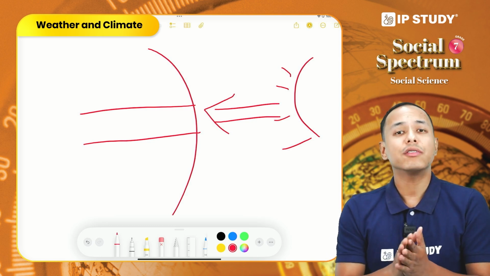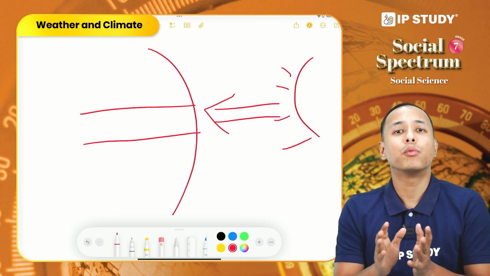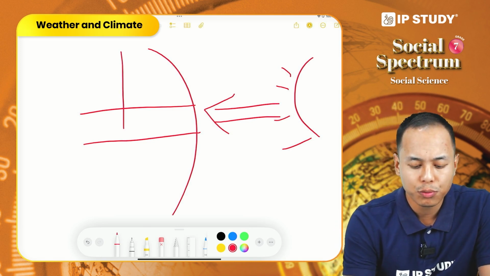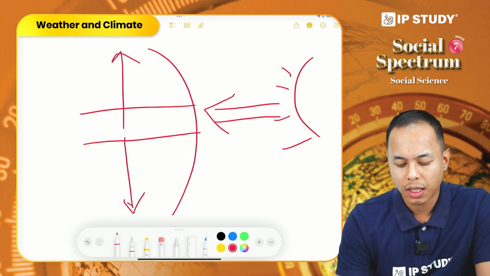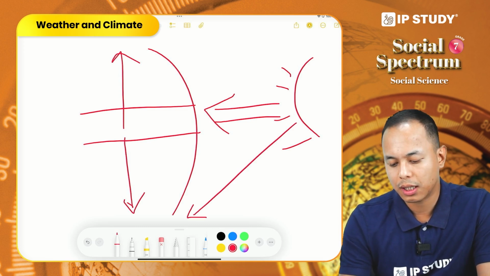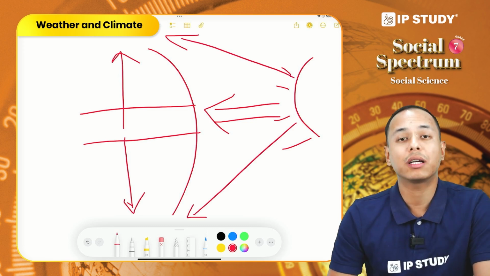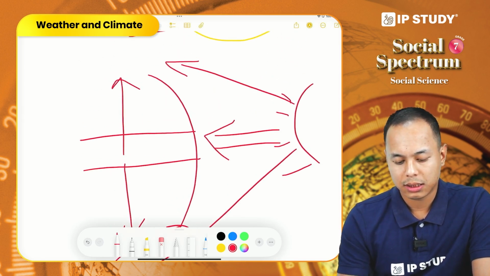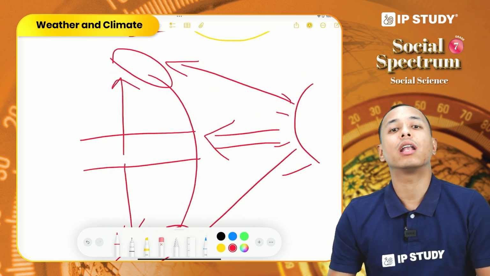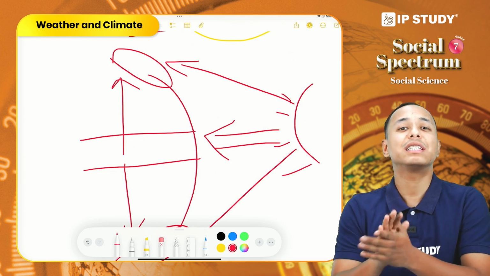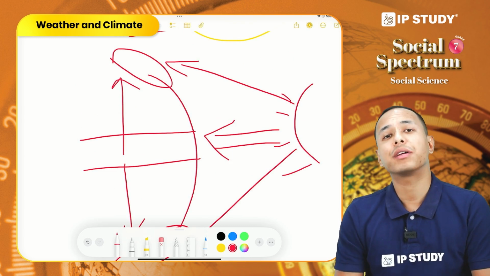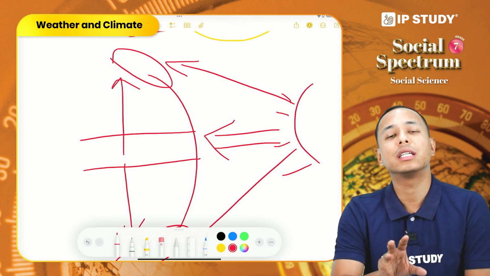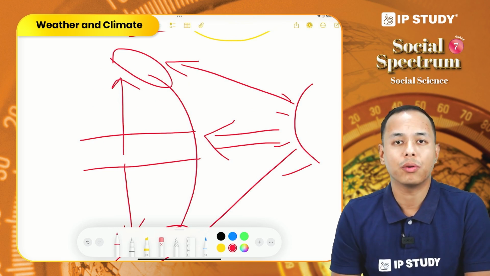That means these vertical rays heat up a small region, so it provides more heat. But on the other hand, when we move towards the poles, the angle of sun rays becomes slanting. That means the sun rays hit a large area, so it provides less heat to this region. Thus, the temperature here is cold or less. Thus, the temperature decreases from the equator towards the poles.